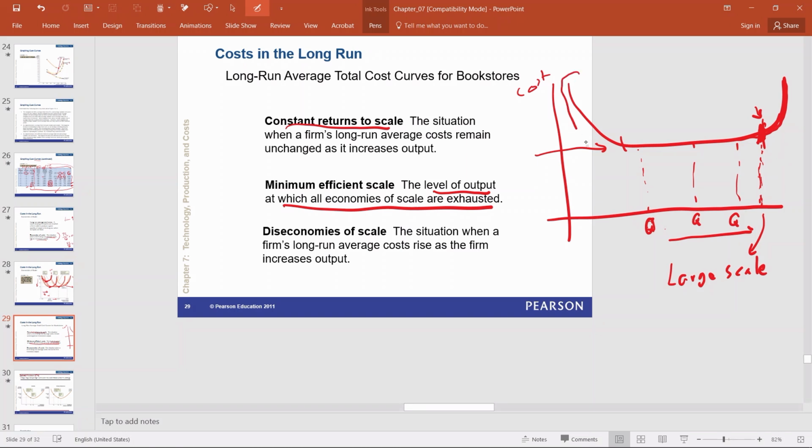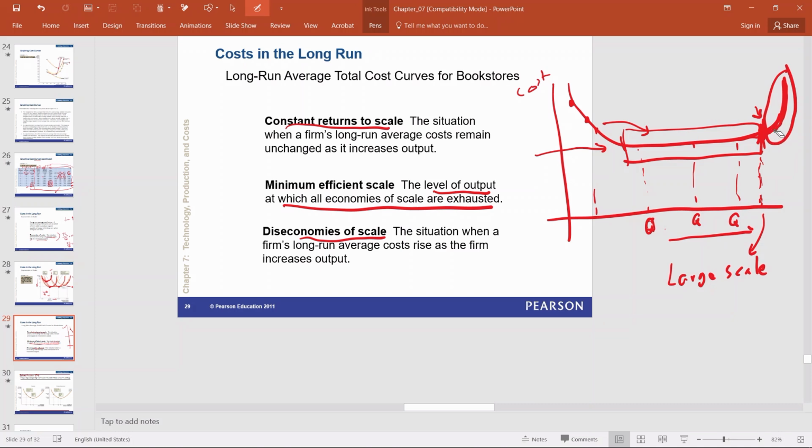Sorry, I have to repeat this. This part here is diseconomies of scale.